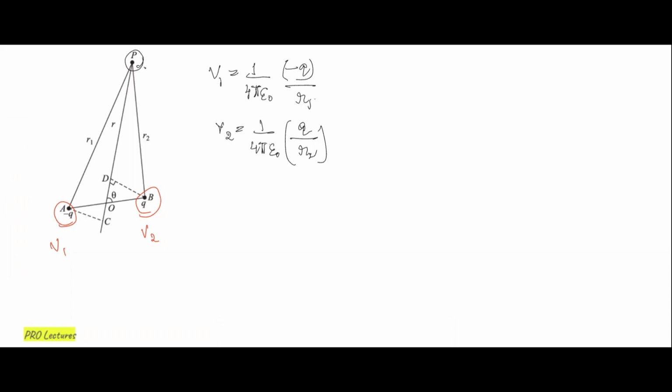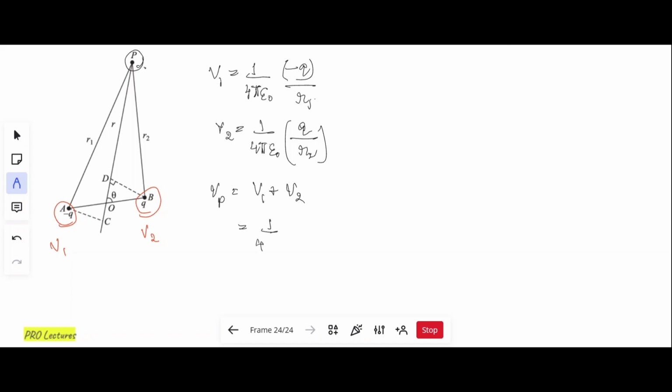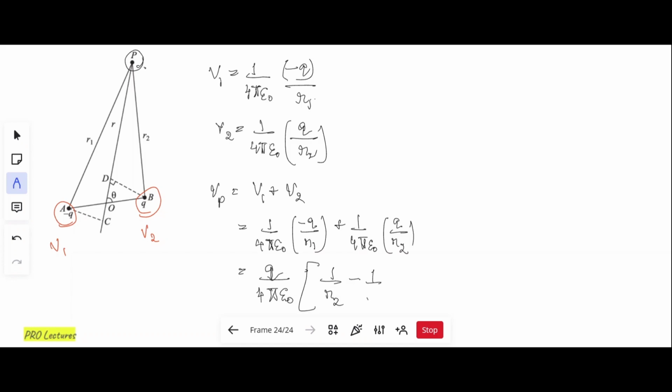So the total potential at point P is given by Vp, equal to the sum of these two potentials. So V1 plus V2 is equal to 1 by 4 pi epsilon naught minus q by r1 plus 1 by 4 pi epsilon naught q by r2. This can be written as q by 4 pi epsilon naught into 1 by r2 minus 1 by r1.